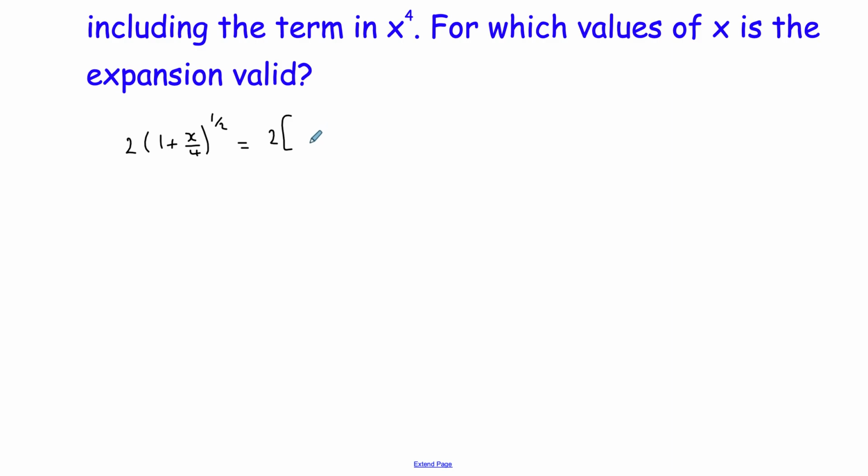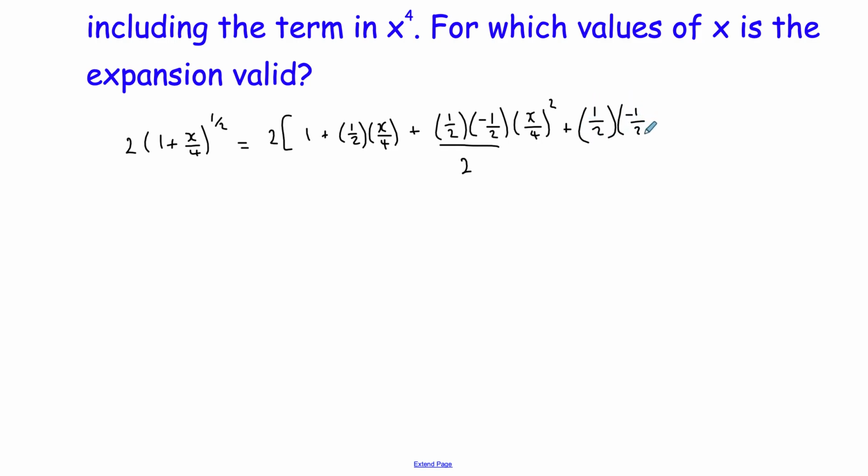Using the rule, that's going to be 1 plus nx plus n times n minus 1 times x squared over 2 plus n times n minus 1 times n minus 2, x cubed over 3 times 2.